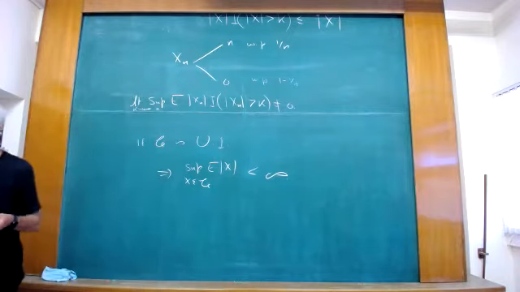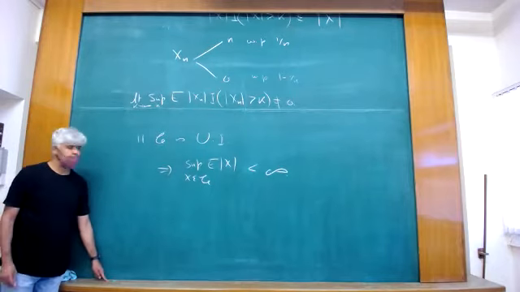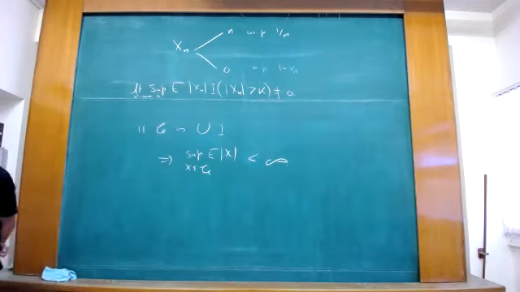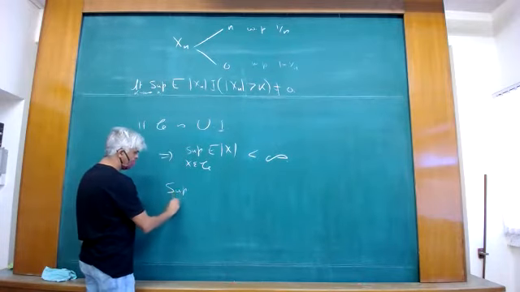How do you show this? We can take some large k, then for that the supremum over x in C of that quantity would be less than infinity.